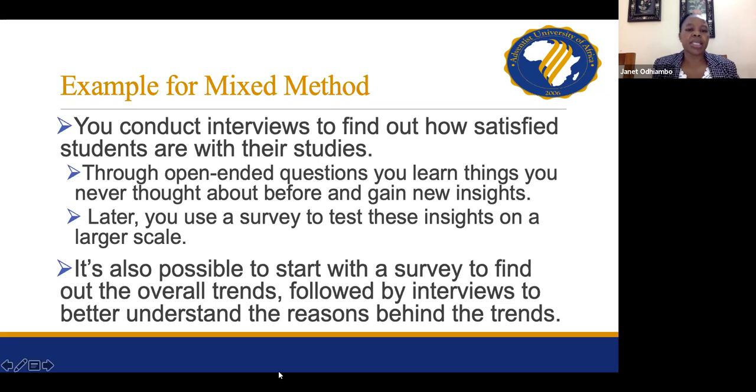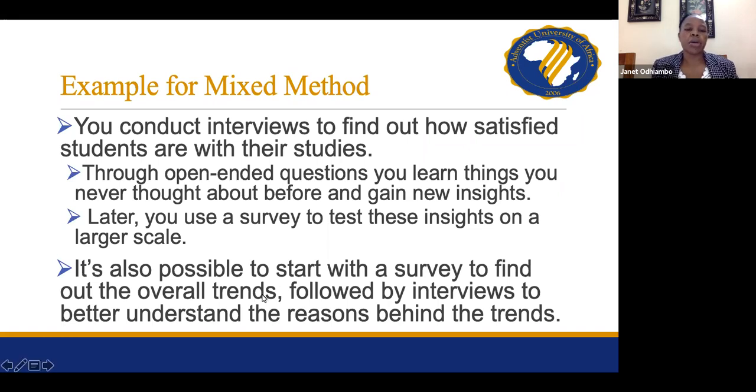So in this case, you have started with quali because you started with interviews, and then you have ended with the quant. The other way is also possible. You can start with a survey to find out the overall trends. Then you go on and do the interviews so that you can better understand the reasons behind these trends.